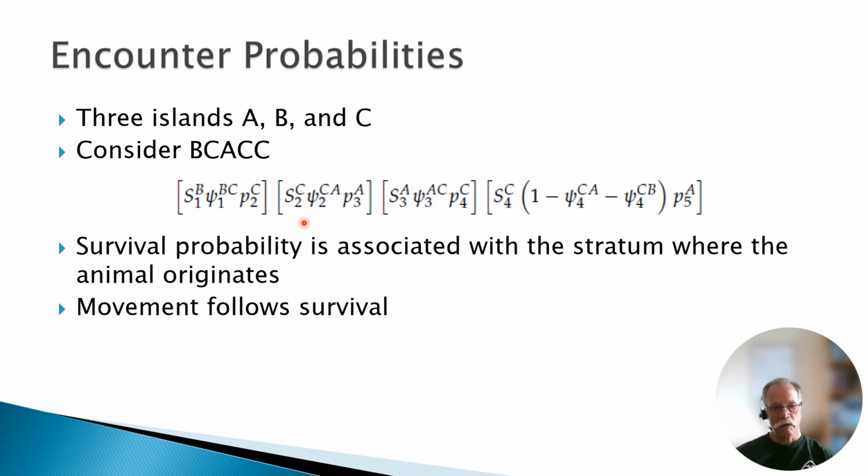Okay. Same thing for this second step. You start in C, so it's survival associated with C, probability of moving from C to A, and then recapture probability associated with that state A. Here we are with C, and notice for this last one, where it's staying in C, one way of depicting transition probability is just to refer to it as 1 minus psi CA minus psi CB, because again, those two plus the probability of staying sum to 1.